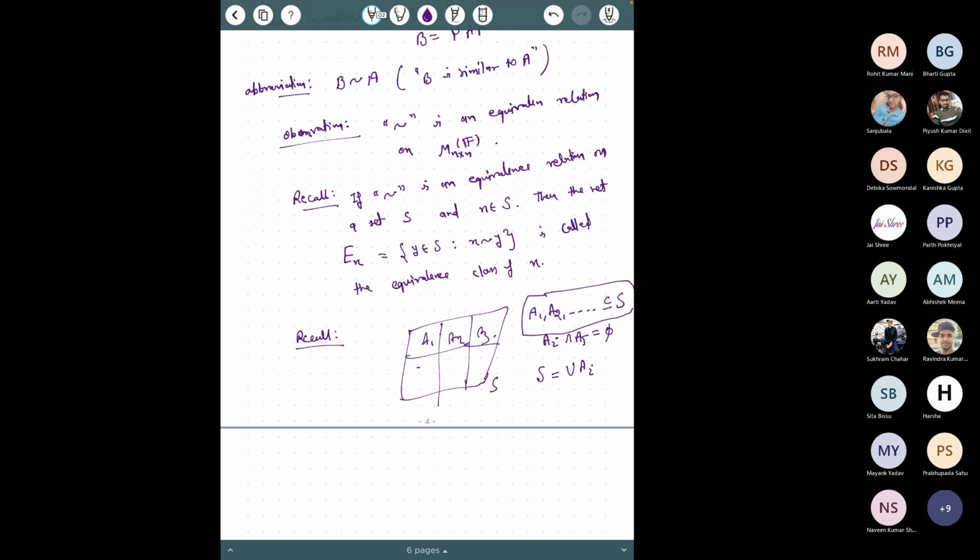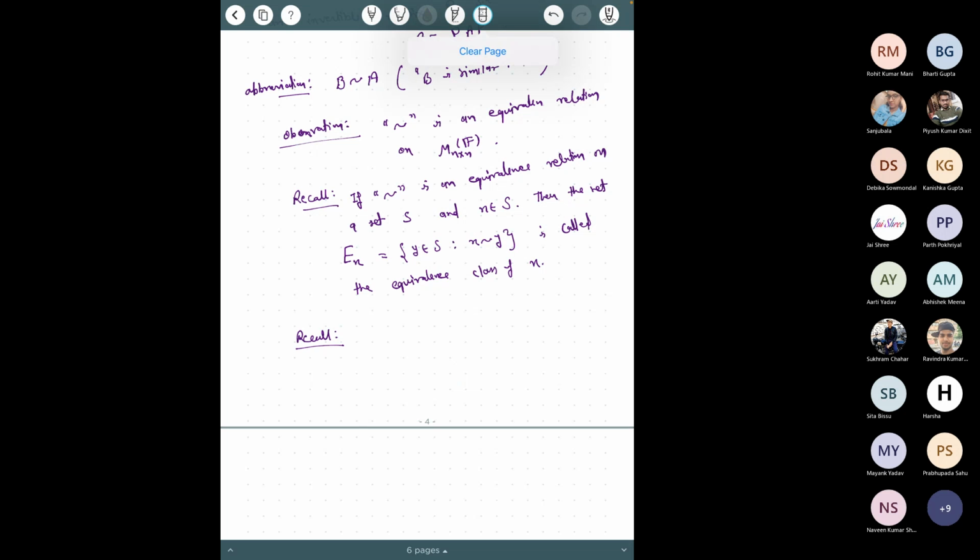Okay, so these equivalence classes form a partition of the set S. Let me write this as a result, just to recall. These are the basic set theory results.